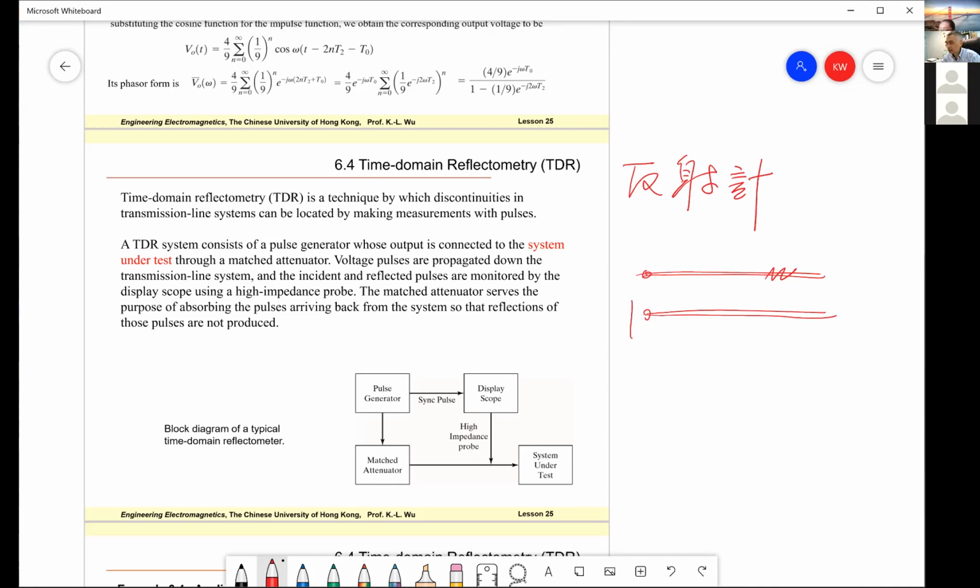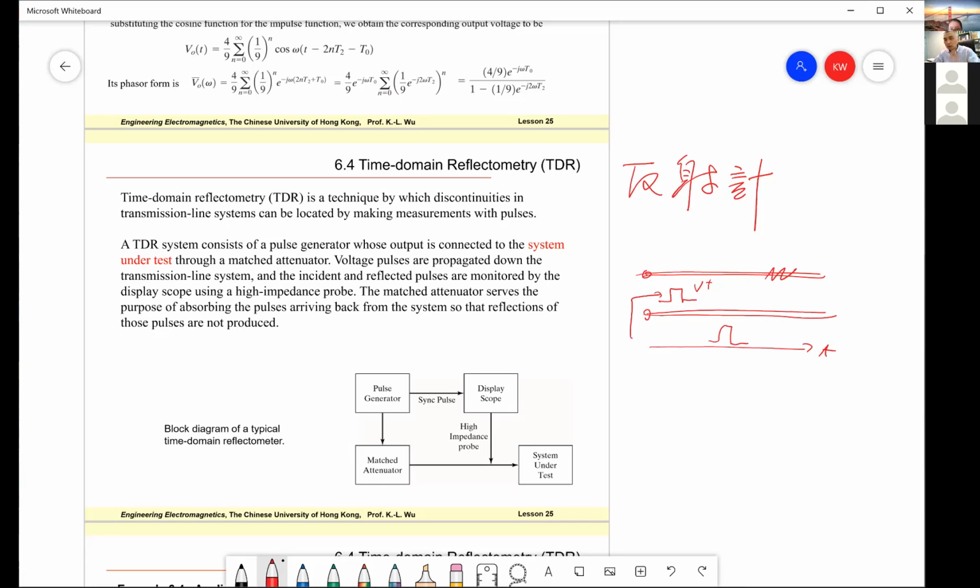Then I send the signal, and after a certain time, I receive a reflected signal. From this reflection, I try to identify what the problem is.